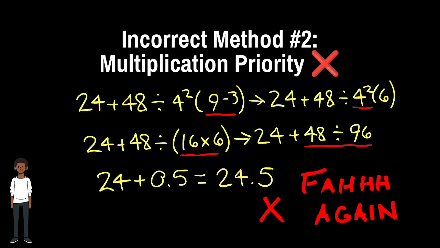They believe multiplication has higher priority than division, because M comes before D in the acronym PEMDAS. They multiply 16 by 6 to get 96, getting 24 plus 48 divided by 96. Dividing 48 by 96 gives 0.5, and adding 24 equals 24.5. This answer is also completely wrong because multiplication and division actually hold equal rank.